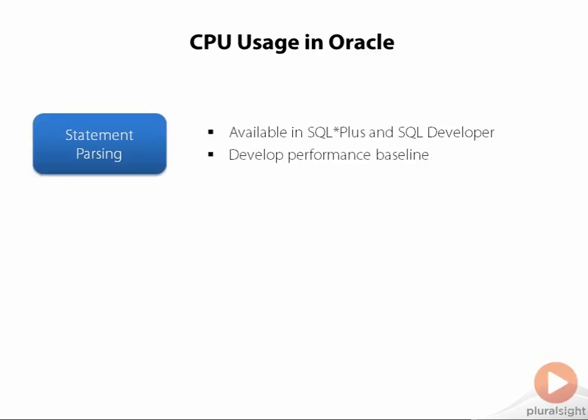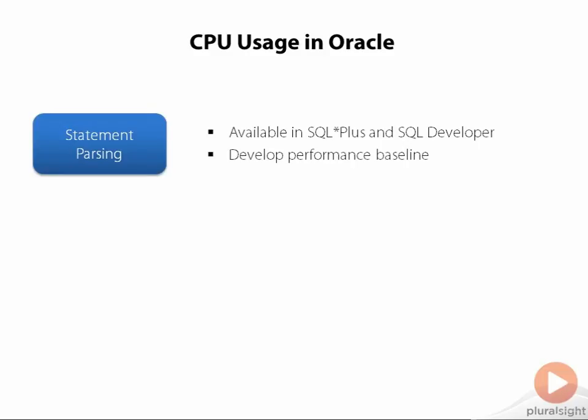There are also some implications around getting access to the shared SQL area: if you aren't using bind variables correctly, you will encounter latching issues on your Oracle server, and this will cause a lot of CPU resources to be wasted on the database server. In the module on bind variables, this is discussed extensively, but in short, you want to make sure that you're always using bind variables in your application, otherwise you're going to be wasting a lot of CPU resources.